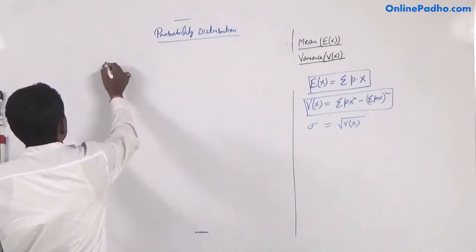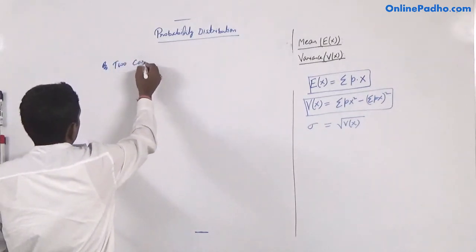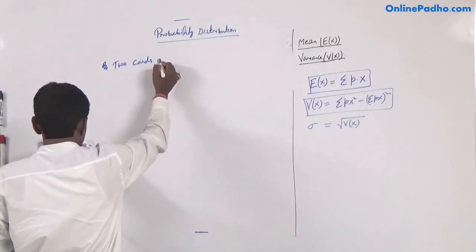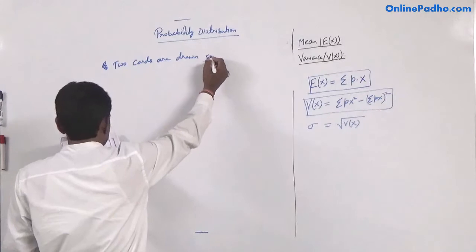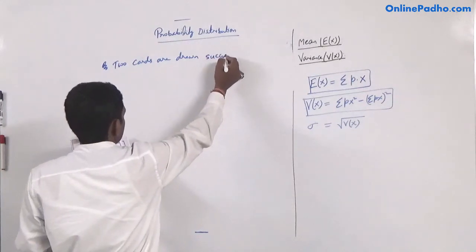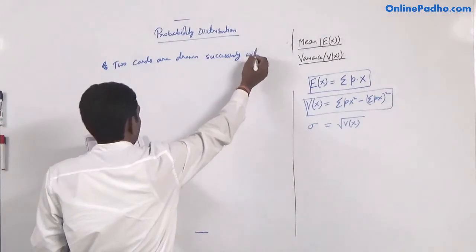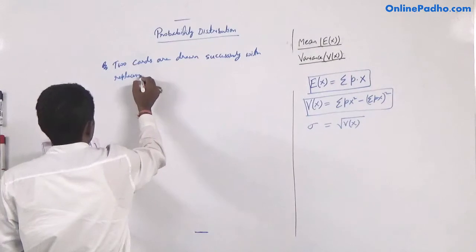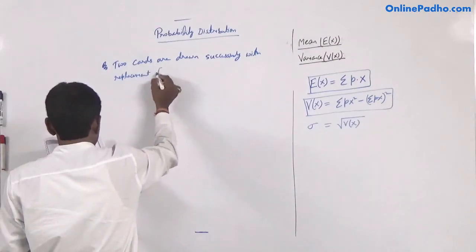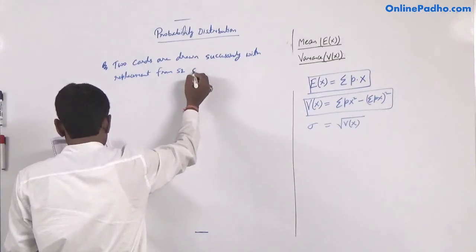Two cards are drawn successively with replacement from 52 cards.